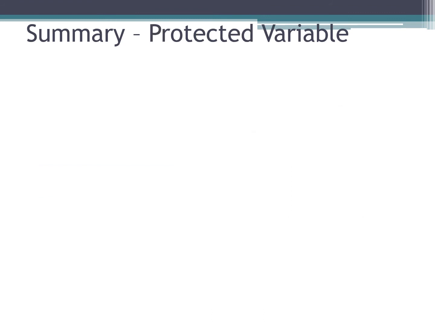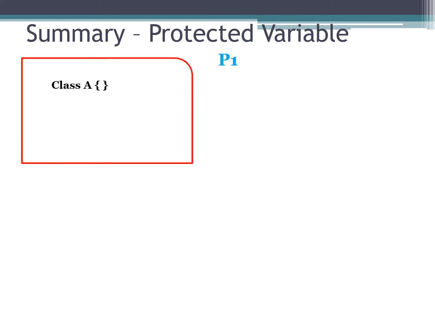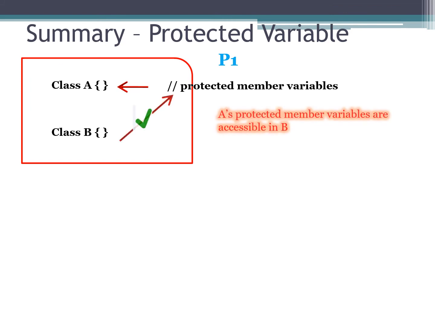Now the last one, that is accessibility of protected variables. Package P1 has a class A declaration with protected member variables. B belongs to the same package as class A, so B is able to access A's protected variables.